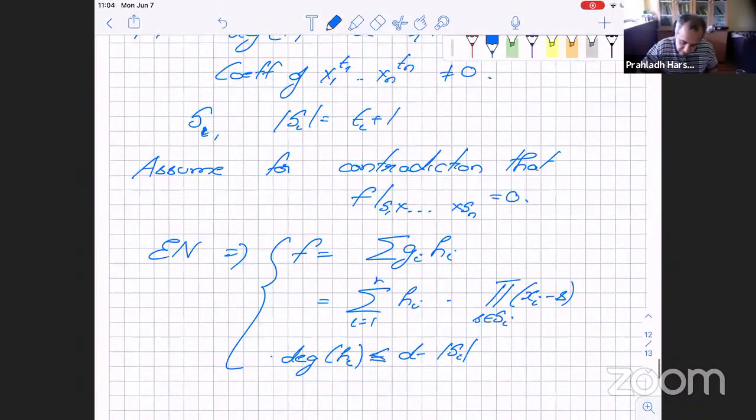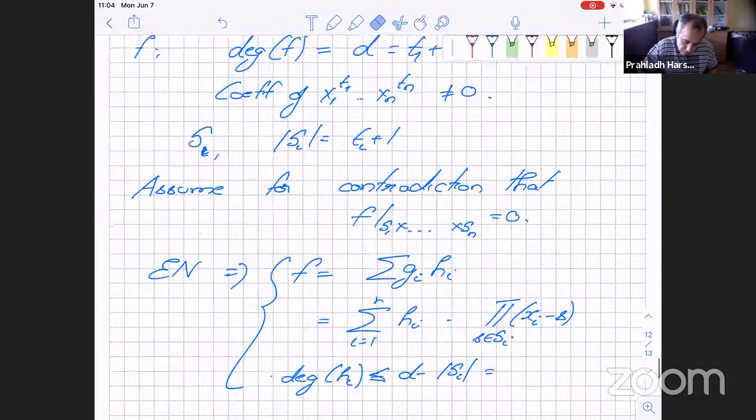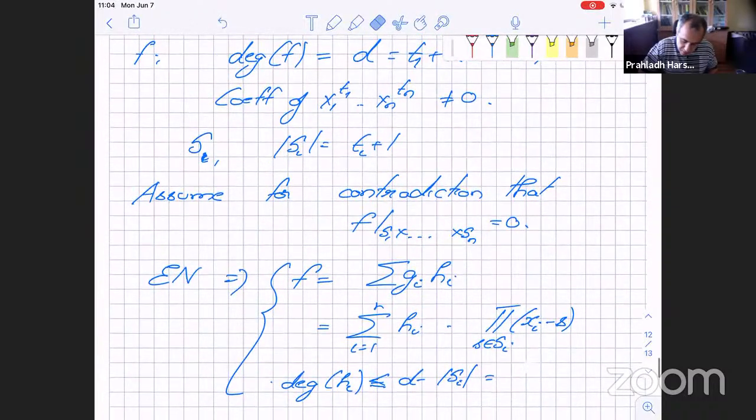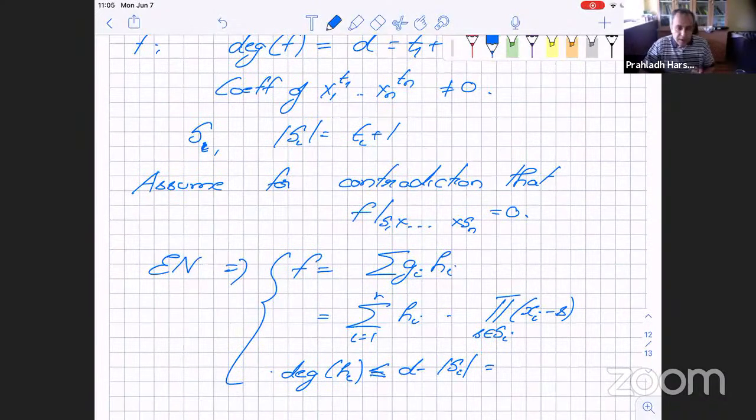So in our case, this is exactly, yes, this is exactly the summation. And let's look back at this. What's the sum? This is the summation of tj, j going from 1 to n, minus ti plus 1.